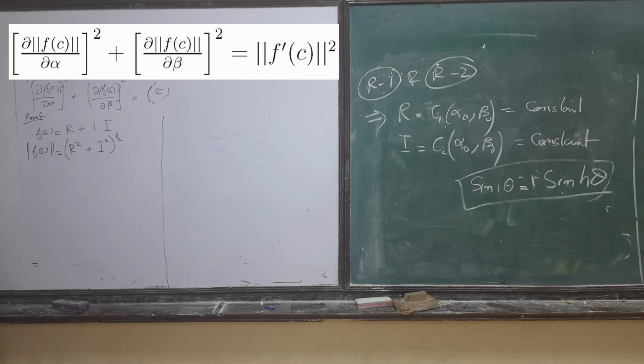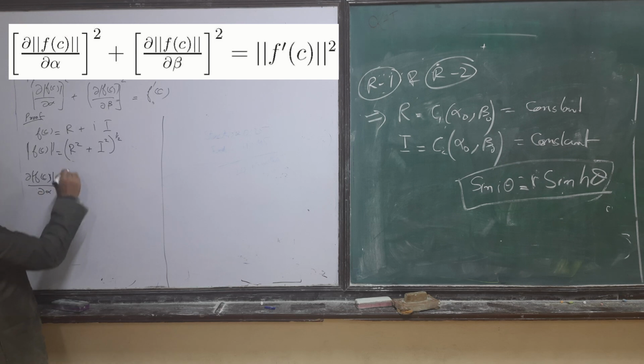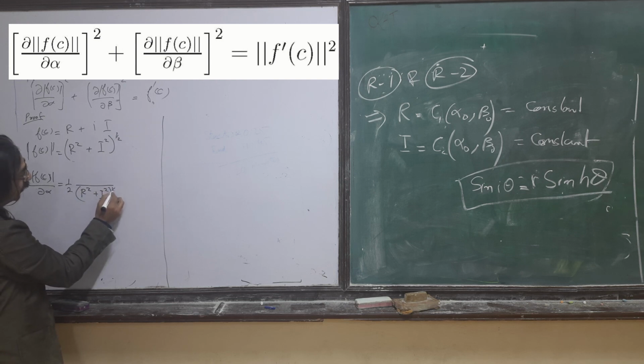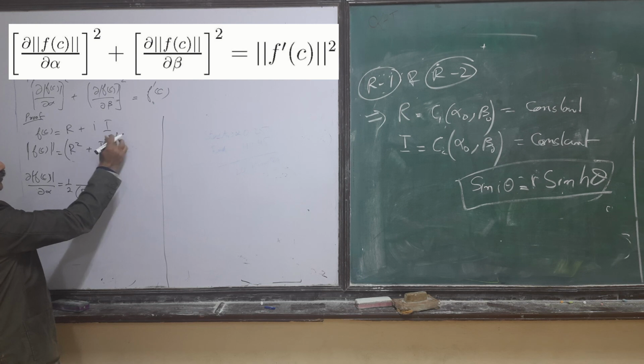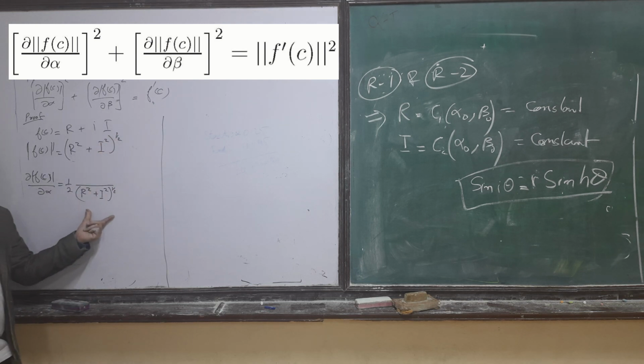I have already proved this in the previous part. Now the partial derivative of F(c) with respect to alpha will be equal to, the power will shift, 1 over 2, R square plus I square power 1 by 2. When we subtract 1, that will be equal to minus 1 by 2, and that will be shifted to the denominator.